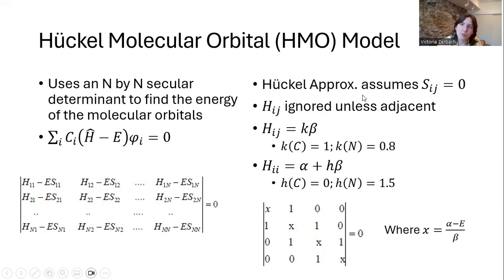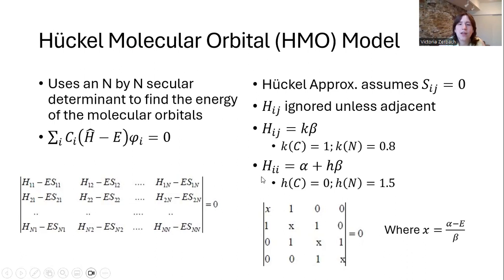But here we actually use the Huckel approximation, which assumes that this term is equal to 0, and that you can ignore the H term unless it is for adjacent atoms, and that for adjacent atoms it is equal to beta for carbon, but it's equal to k times beta for nitrogen, where k is equal to 0.8, which is a constant that corrects for atoms that are not carbon.